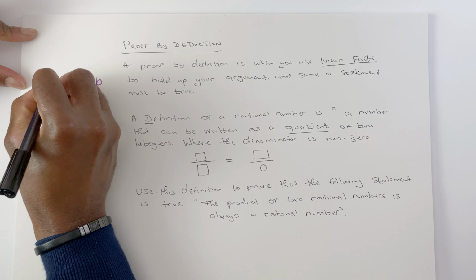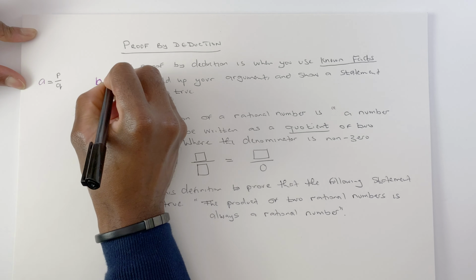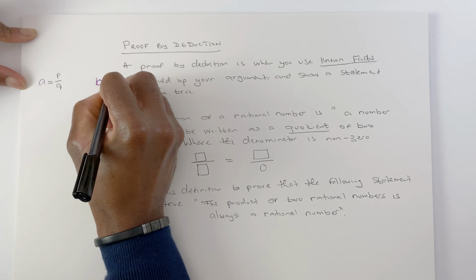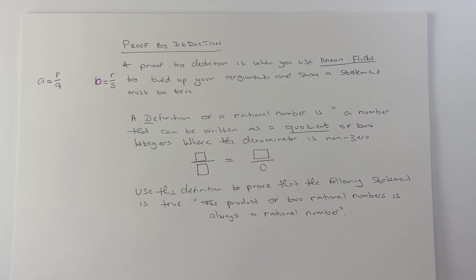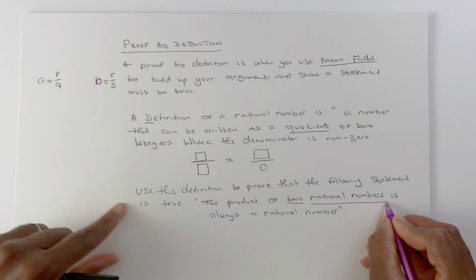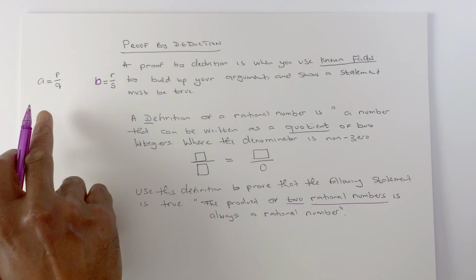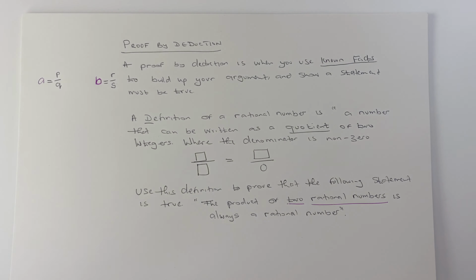So I could call my A to be P over Q and my B to be R over S. And what we're going to do now is find the product of those.